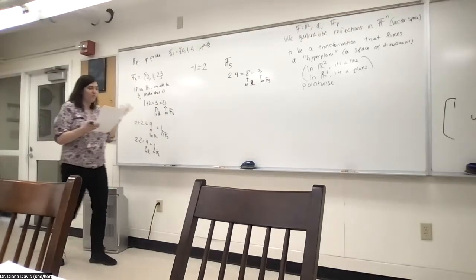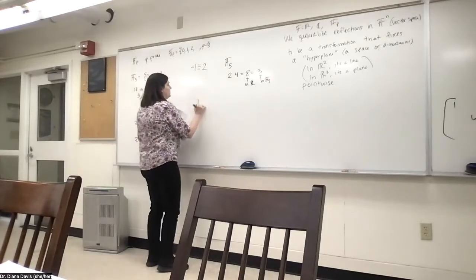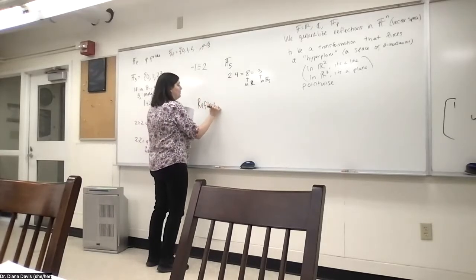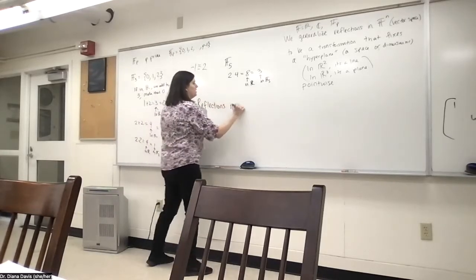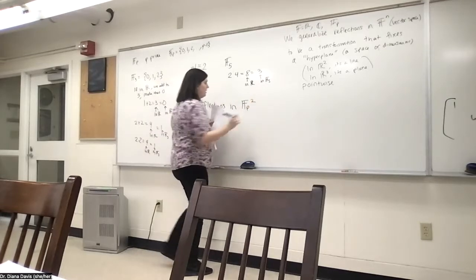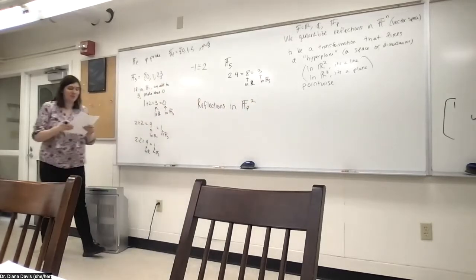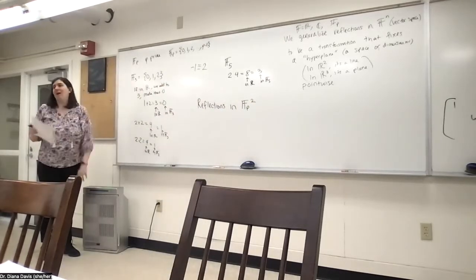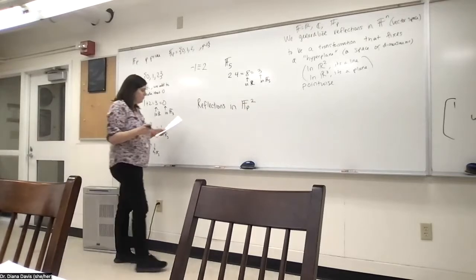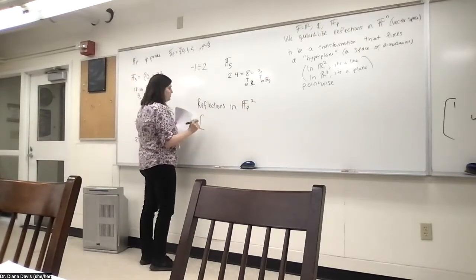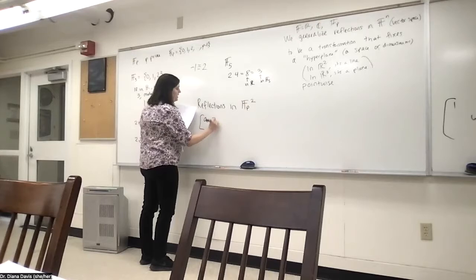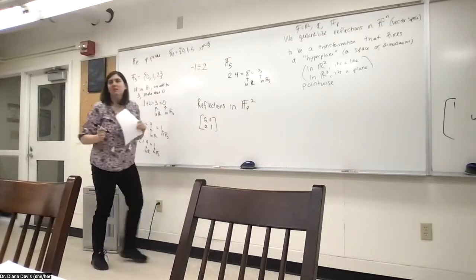Okay, so what do reflections look like? We're still going to be 2-dimensional. I feel like that's best for now. So reflections in F_p squared. Most of my examples are going to end up being in F3 or F5. So we can have the same sort of reflection where it's a diagonal matrix.